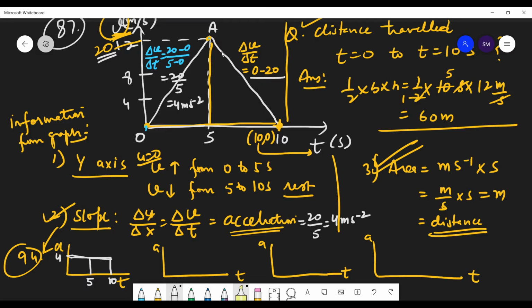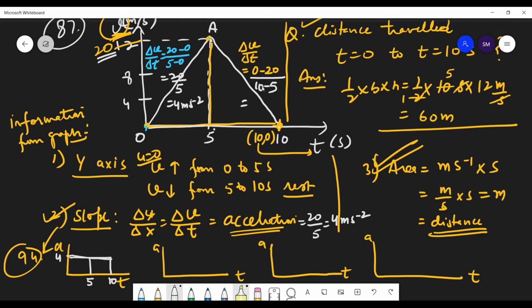Now about this part. Final velocity is 0, initial was 20. Final time is 10, initial time is 5. 10 minus 5. Velocity 0 minus 20.